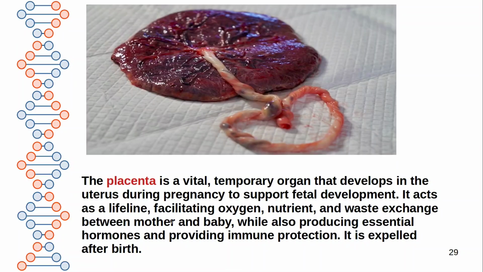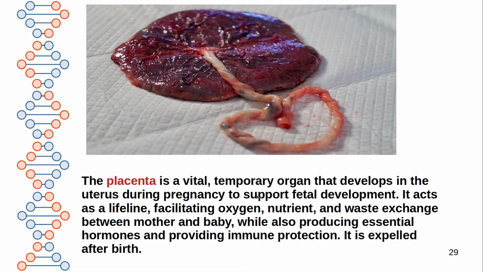Next question is placenta. I will explain about placenta like that. You may be asked an open-ended question. The placenta is a vital temporary organ that develops in the uterus during pregnancy to support fetal development. Once the baby is delivered, placenta also will be delivered; its purpose will be over.